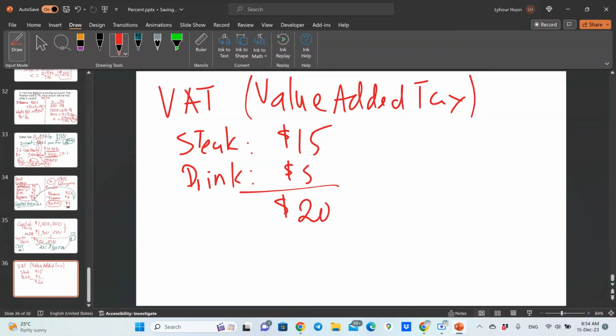So the total is $20, but you don't pay only $20. You pay with VAT, sales tax. Let's say the rate is 10%, so what is 10% of 20?